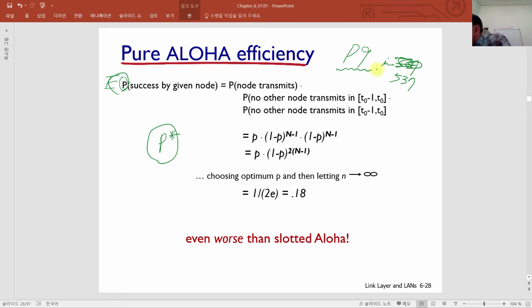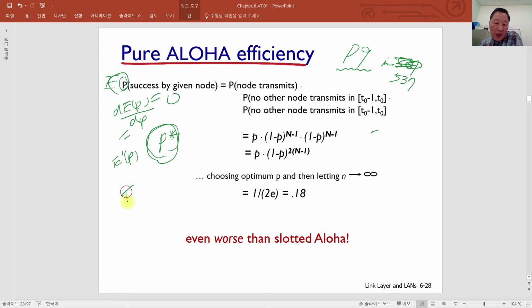Okay, that is correct. And similarly, we can get this one, it's the derivative. If that is 0, then we can get the value of p to get the maximum efficiency here.